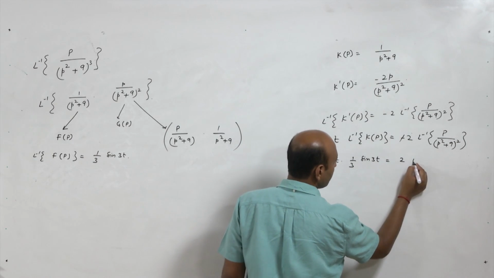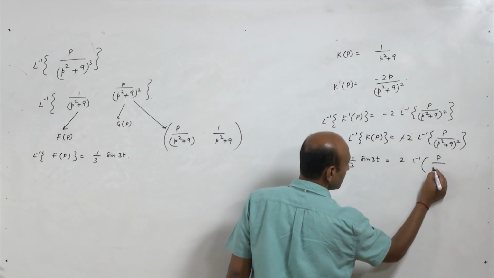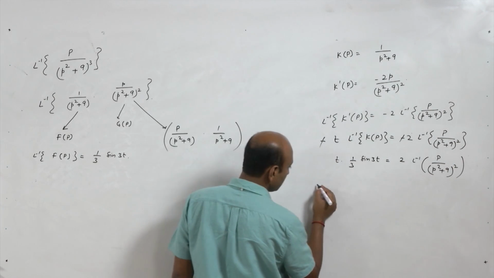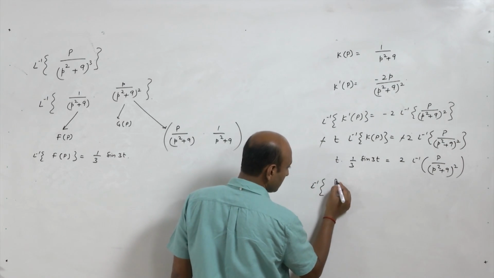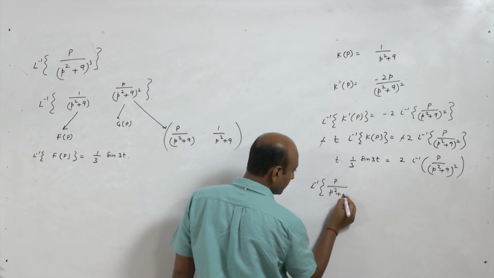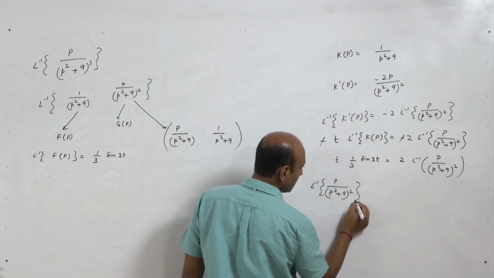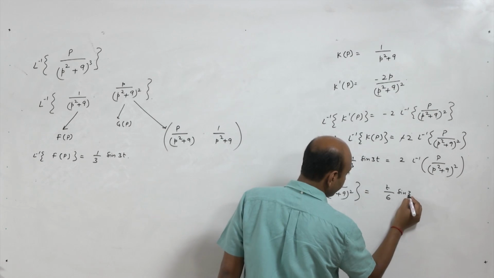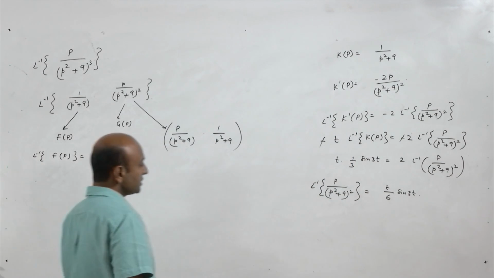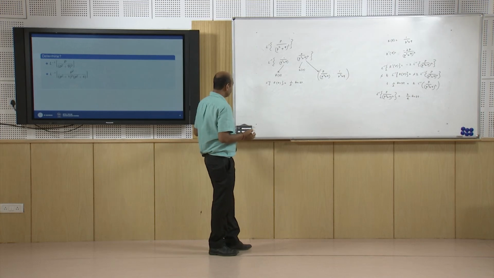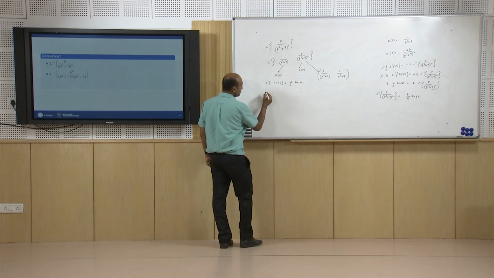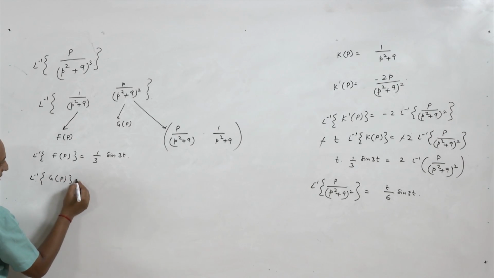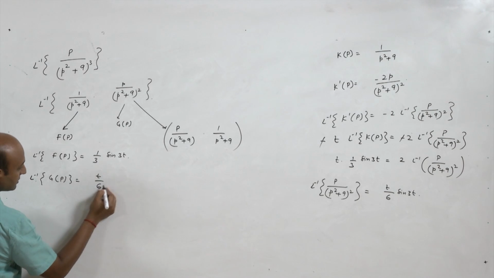So, it is 2 Laplace inverse of this expression, which is nothing but t by 6 sin 3t. So, basically Laplace inverse of Gp is nothing but t by 6 sin 3t.